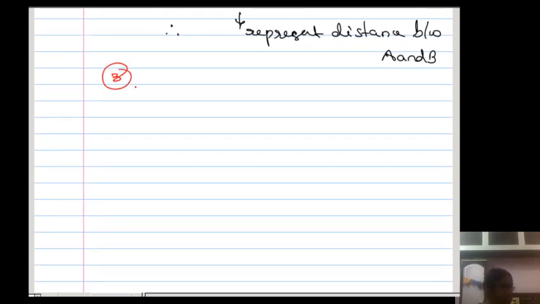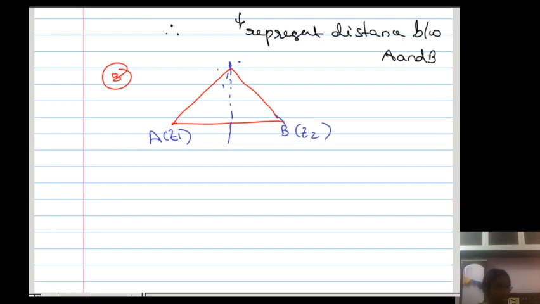Yes, it's the third point: the perpendicular bisector. Okay, let us draw the figure. You take the perpendicular bisector of the points. Suppose this is the point Z1, this is the point Z2, and now this is the point Z. Now what I am doing here: perpendicular means having 90 degrees.